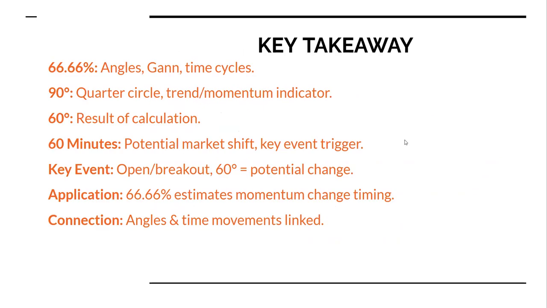Key takeaway: 66.66% is angles, Gann, and time cycles. 90 degree is the quarter of the circle, a trend and momentum indicator. 60 degree is the result of the calculation. What we are getting is a 60 minutes potential market shift, that is, on an hourly basis. Key event trigger. So these are the applications we are going to use.